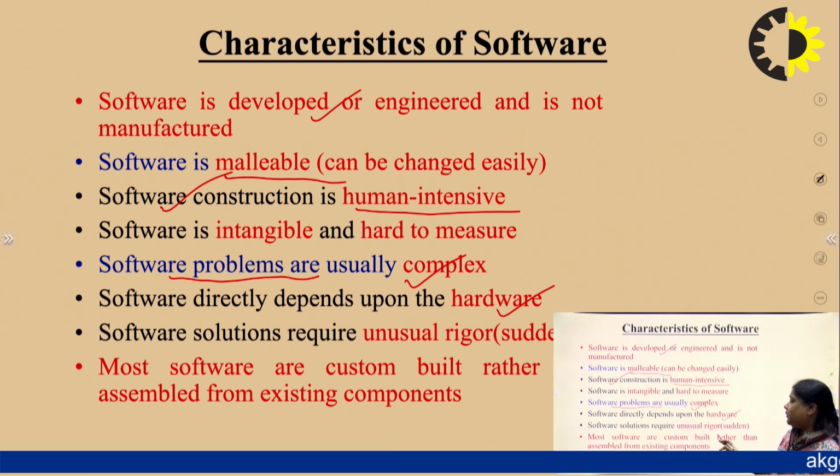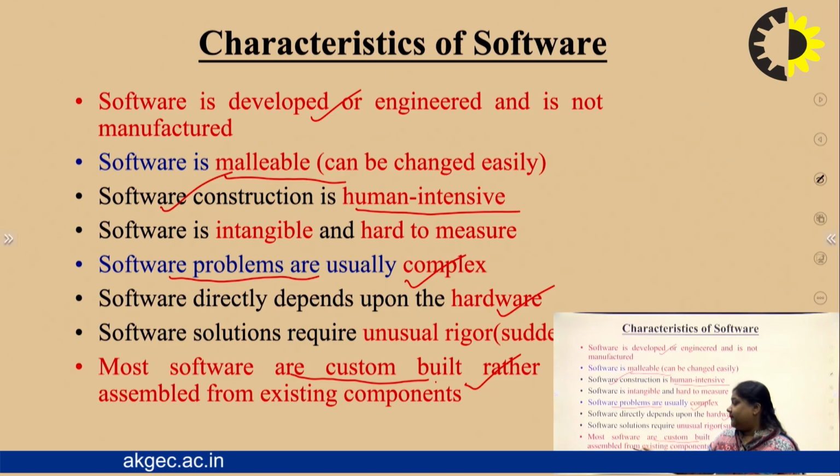Software solutions require unusual rigor, as they can be changed frequently. Most software is custom built rather than assembled from existing components. As we know, it is easy to customize software, so it is custom built according to the need of the user, rather than assembled from existing components.